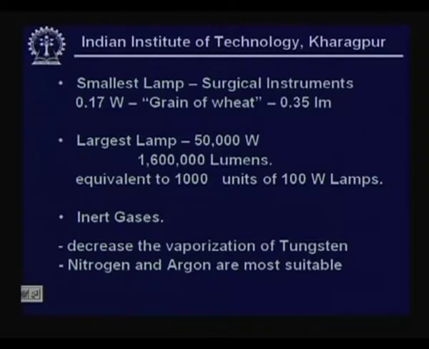Now, what happens when current passes through the filament is there is elevated temperature because of which the radiation takes place, but simultaneously there is certain vaporization of the tungsten particles from the surface. So, in the process the amount of element available or the resistance variation takes place in due course, and that would change the light output, apart from the usual aging which is associated with any device.